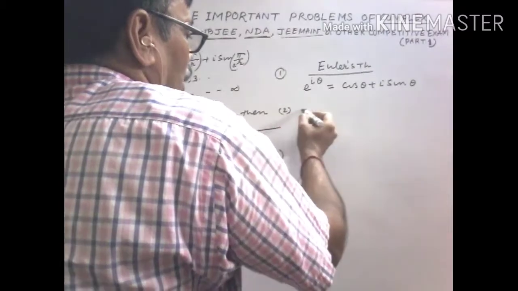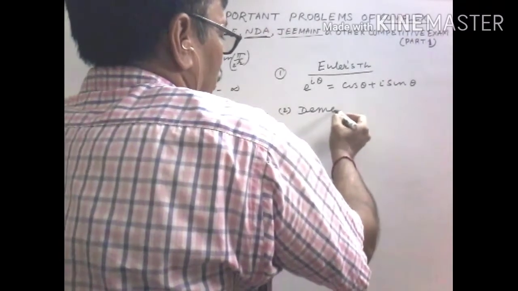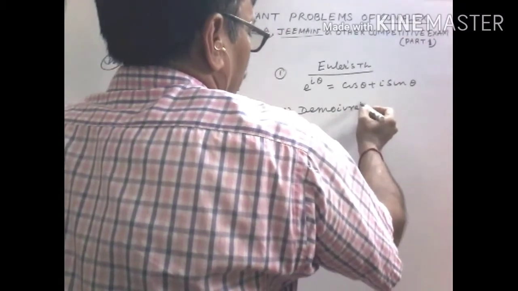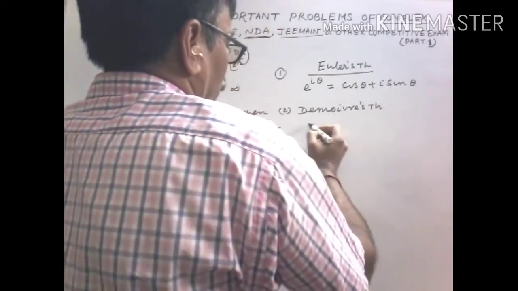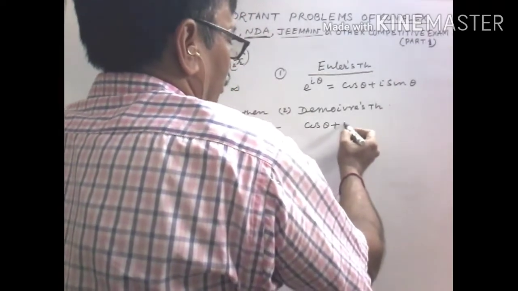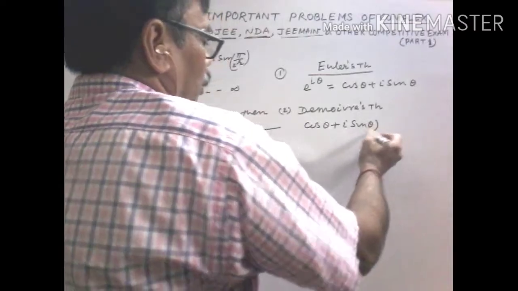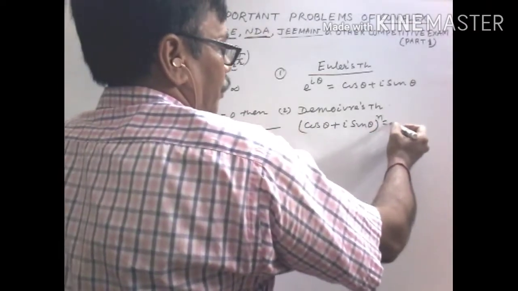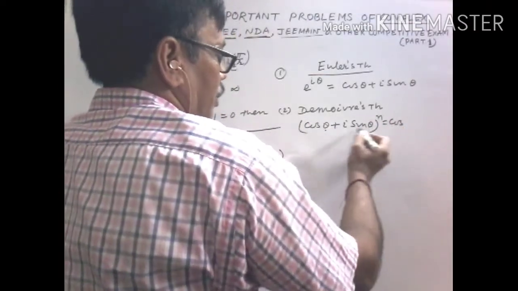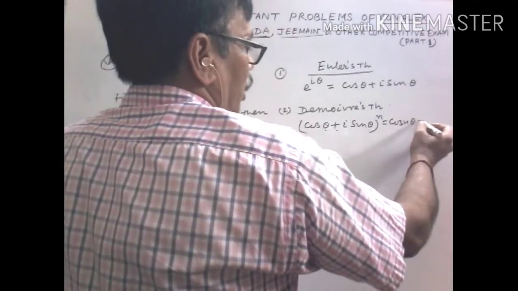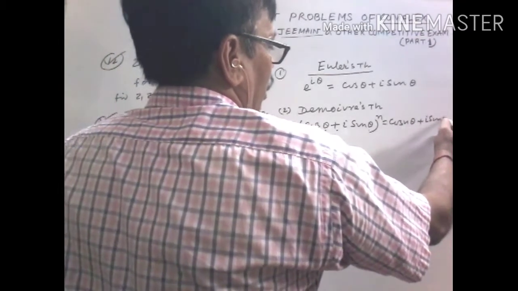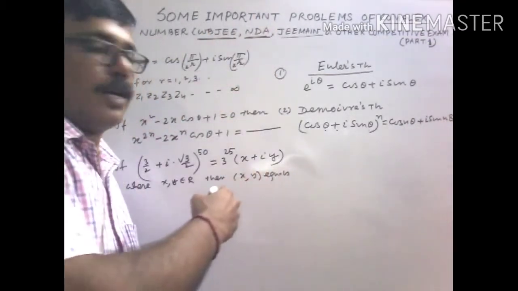So this is the idea. De Moivre's theorem: (cos theta plus i sin theta) whole to the power n equals cos n theta plus i sin n theta.